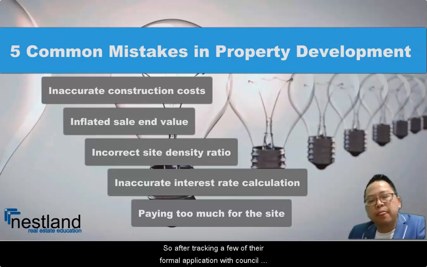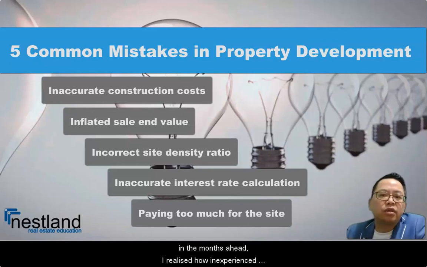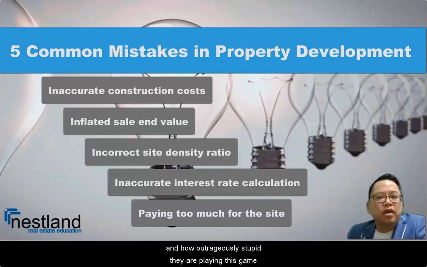So after tracking a few of their formal application with council in the months ahead, I realized how inexperienced they are playing this game when council are declining their proposal on the concept.